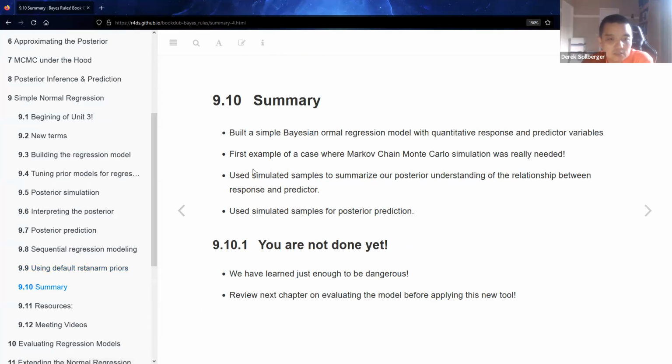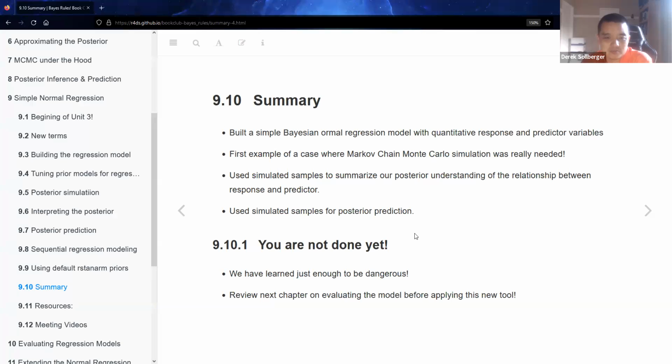So to summarize the chapter, we have built a simple Bayesian normal regression model with a quantitative response and predictor variables.